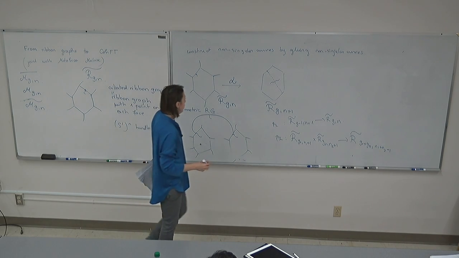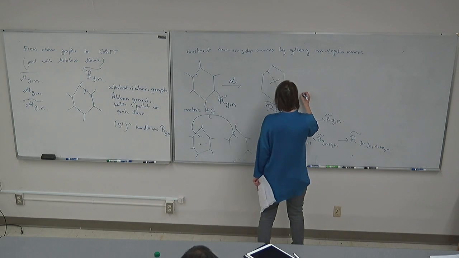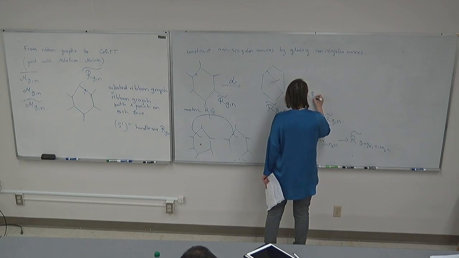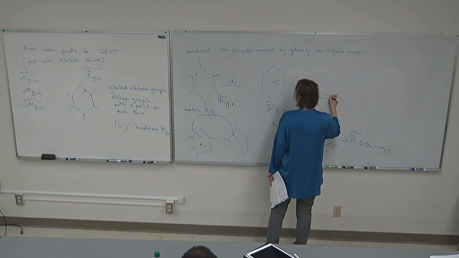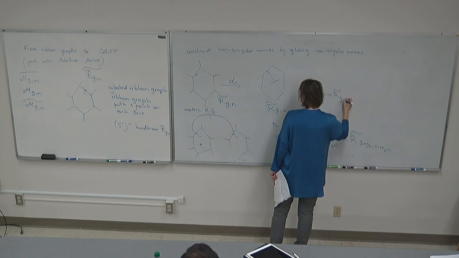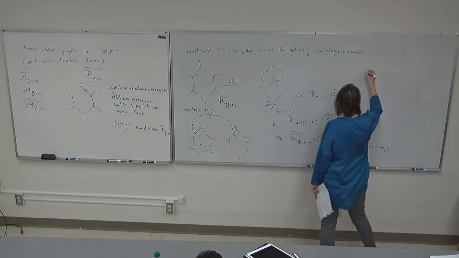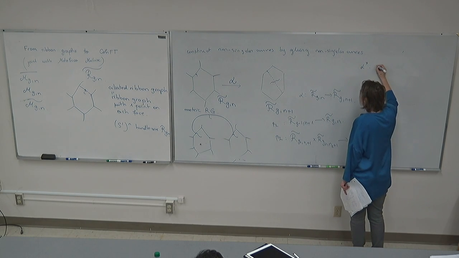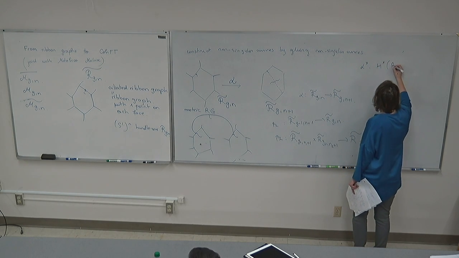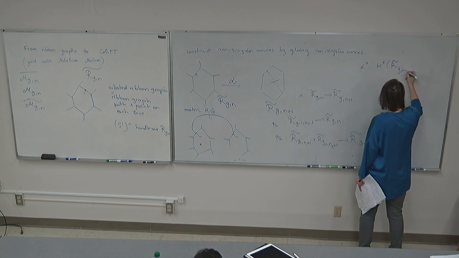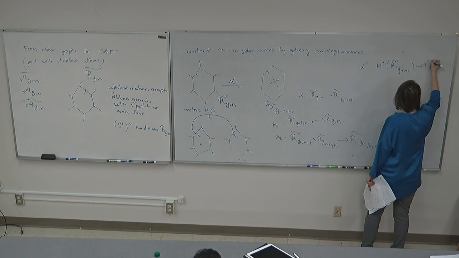So this means I constructed these three maps, and this means I have corresponding maps between the cohomologies. This will give me alpha star, a map from the cohomology of R tilde_{g,n+1} going to the cohomology of R_{g,n}.